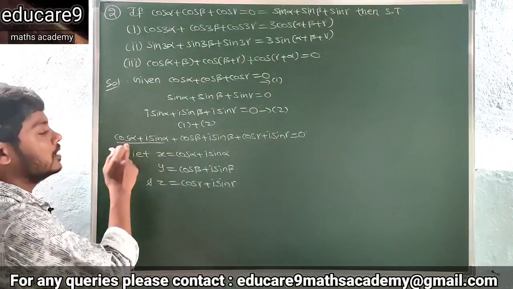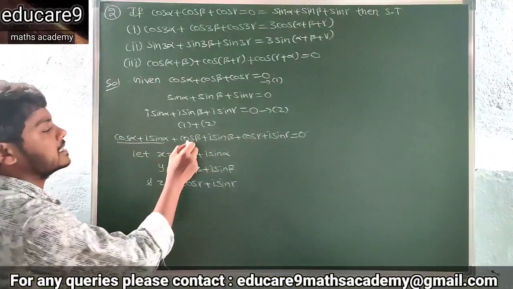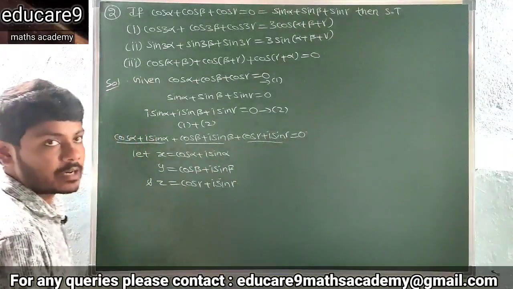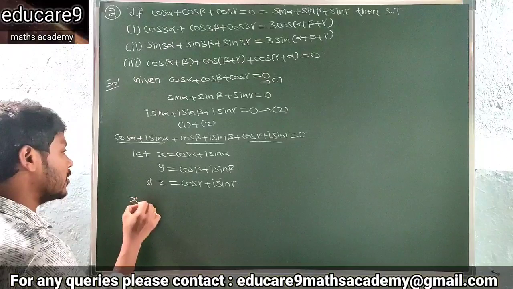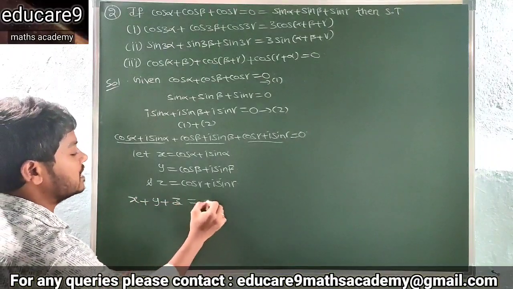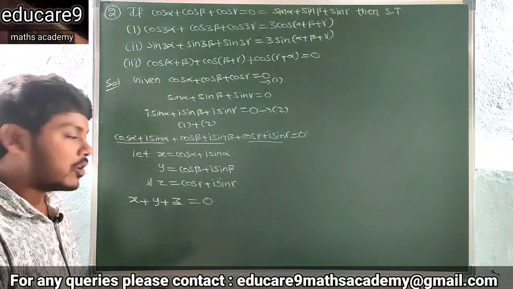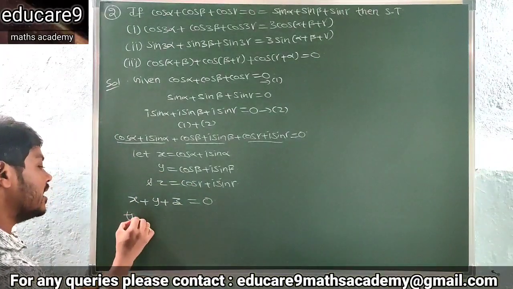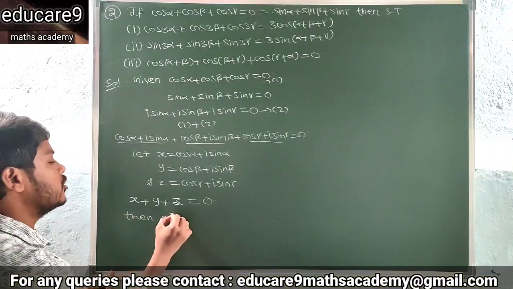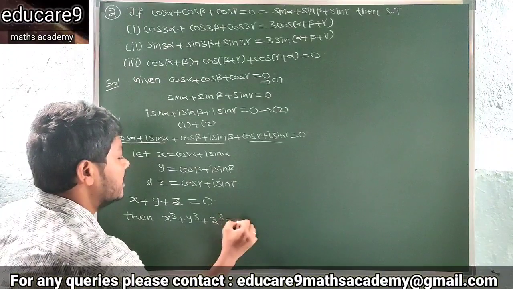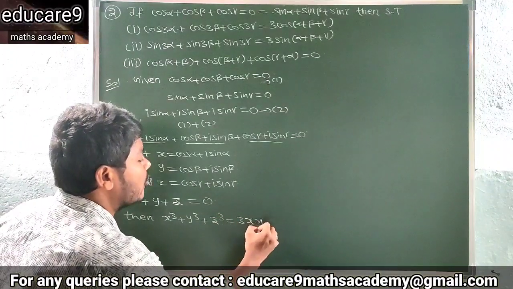So clearly here cos alpha plus i sin alpha is x, and cos beta plus i sin beta is y, and cos gamma plus i sin gamma is z. So therefore from that you can write x plus y plus z is equal to 0. So you know that if x plus y plus z is equal to 0, then x cube plus y cube plus z cube is equal to 3xyz.